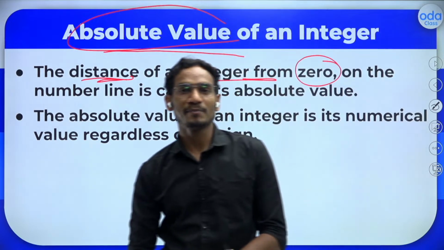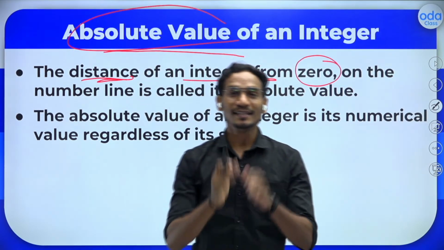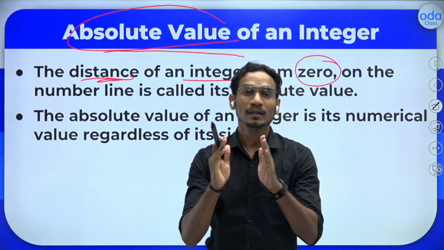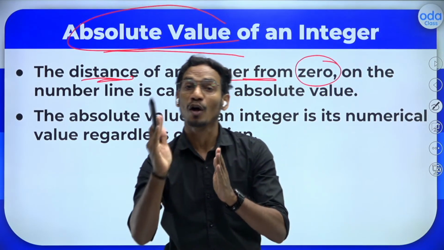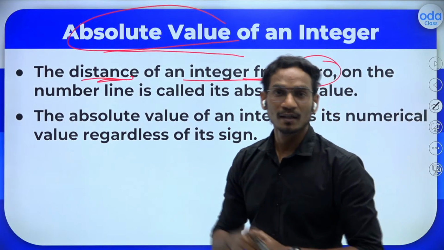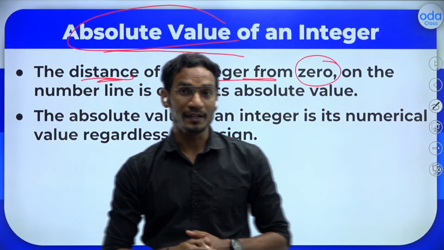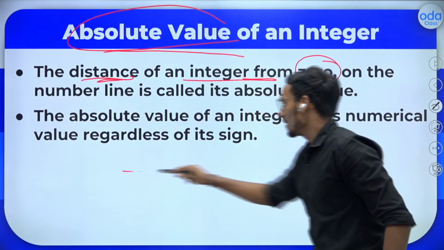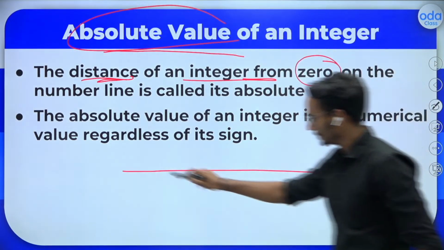Again, I will repeat, what is the absolute value of an integer? It is the distance of a number, or I would say a distance of an integer, from zero on the number line. And that distance will give us the absolute value of the integer. Let's visualize it. So this is the number line we have.